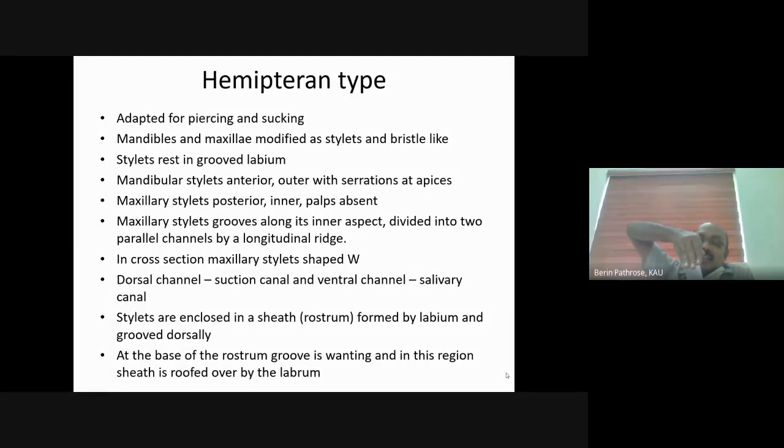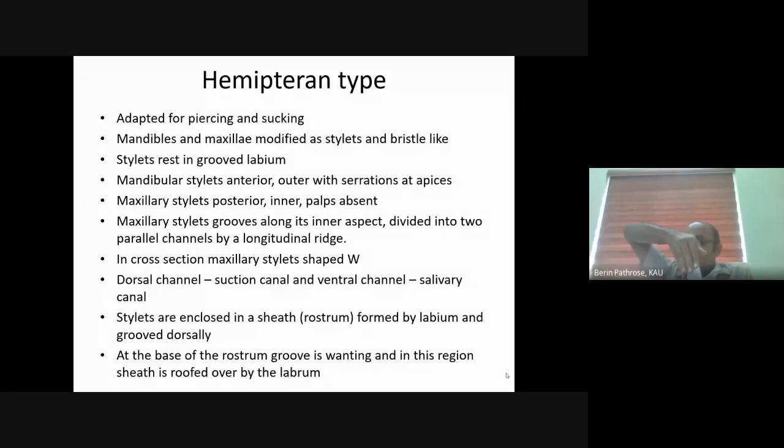That means the proximal portion of the proboscis is covered by labrum. So that's what is written, at the base of the rostrum. This is the base of the rostrum. There is no groove and it is roofed by labrum. So this is how the mouth parts in a plant sucking bug are modified.